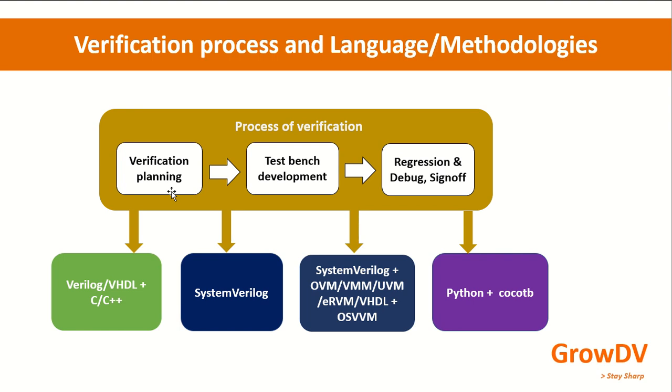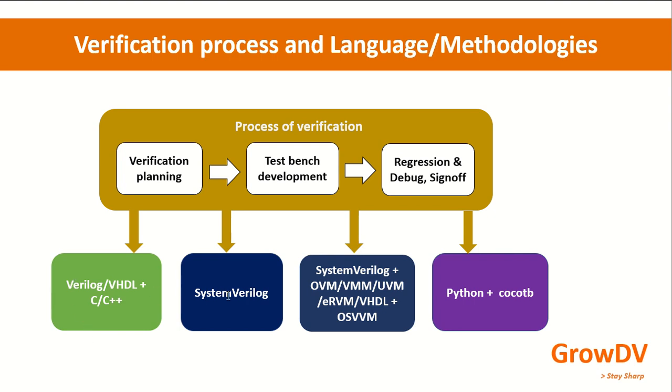Now, let's see how this changes if I have to execute this using Verilog, for example. Verilog doesn't have built-in randomization. So when I execute the entire process of verification using Verilog, I might rely on more directed cases rather than random test cases.